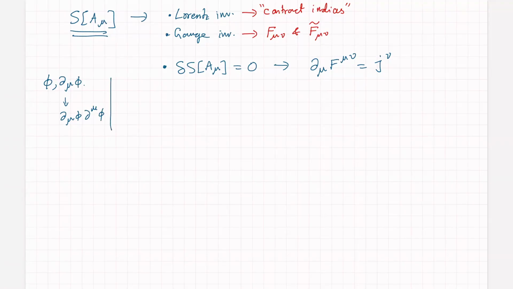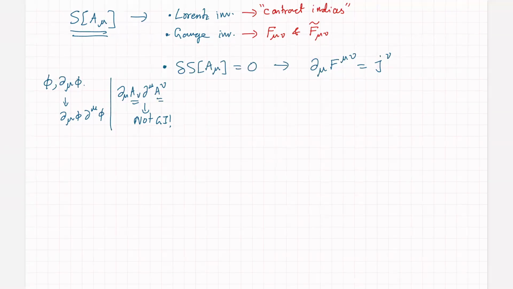Here, you might be tempted to say, okay, I have del_mu A_nu, and then I contract with another del_mu A_nu. But if you do this randomly, it's not going to be gauge invariant, because A changes, remember? So when you want to think of the derivative of A, don't just think of del_mu A_nu, but instead think directly in terms of the combination, which is precisely the field strength or the dual field strength, because those will be gauge invariant.